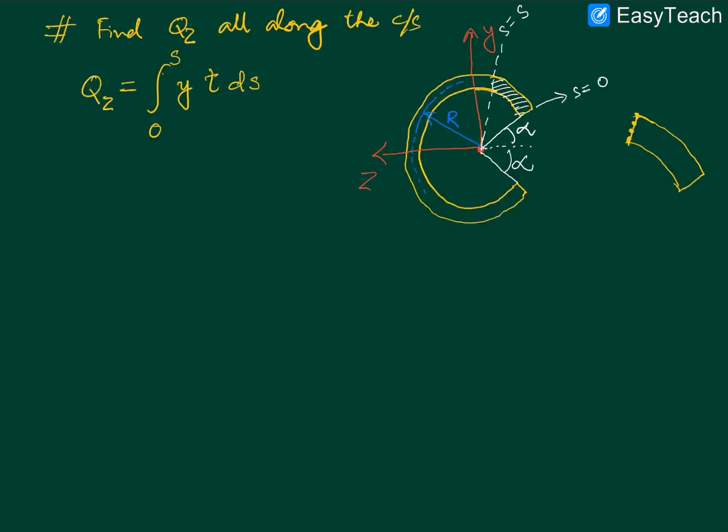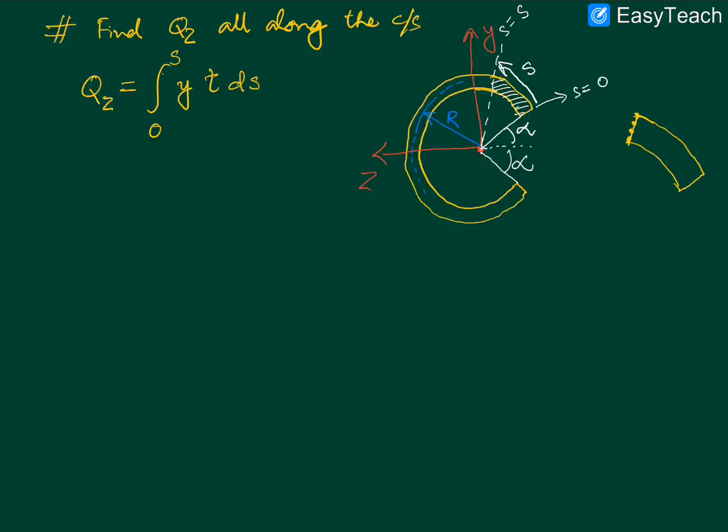What we can do is, this S, you understand, is like this. So our S is going like that, and it will be easier to do the whole calculation if we make use of the angles here.